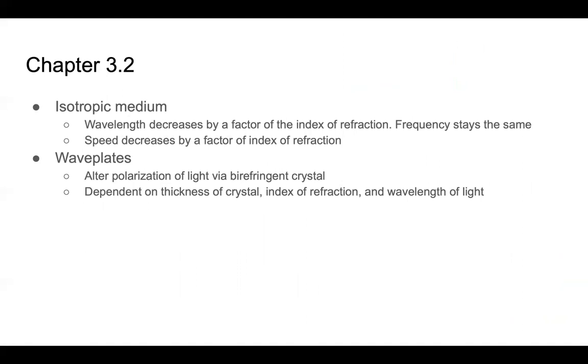Similarly, if you have red light going through a prism and it goes out of the prism, you'll still see the red light. So the wavelength must decrease because the speed of light is lower in the prism, and the frequency must stay the same because you still see the red light. And yeah, the speed decreases by a factor of the index of refraction.